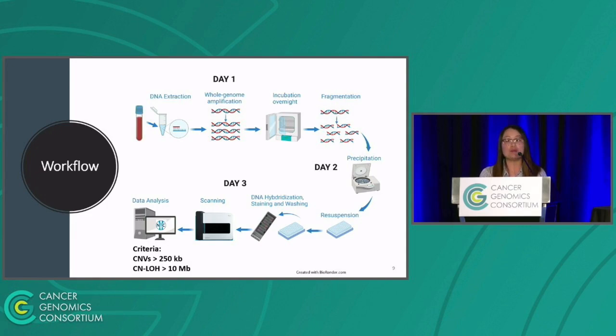On day 3, we perform the single base extension and then scanning using iScan, with data analysis using Nexus Clinical. Our criteria for analysis are copy number variation greater than 250 kilobases and CNLOH greater than 10 megabases.